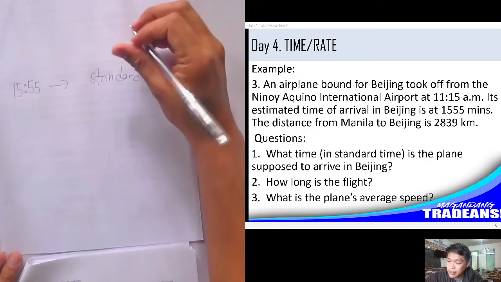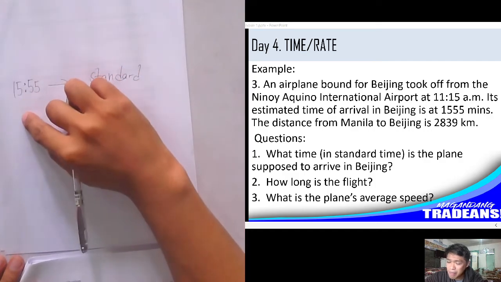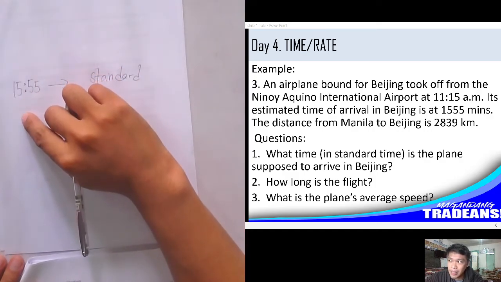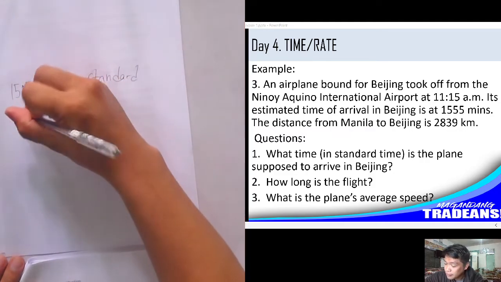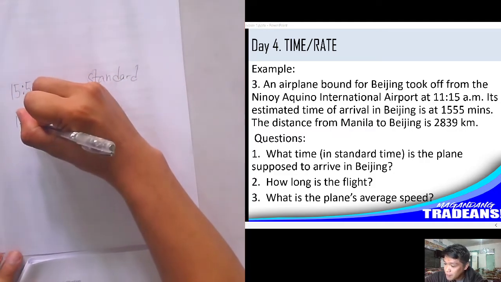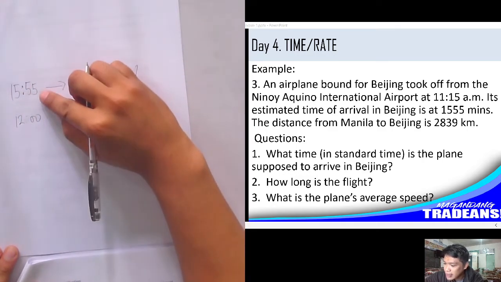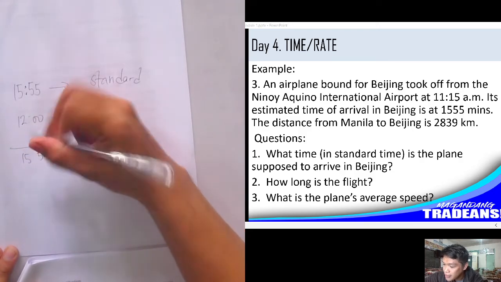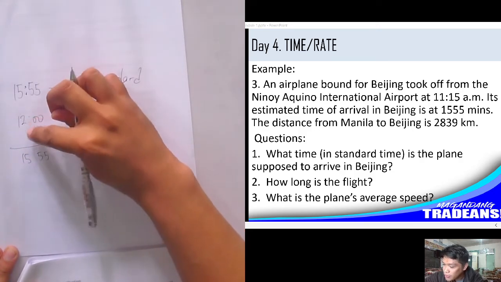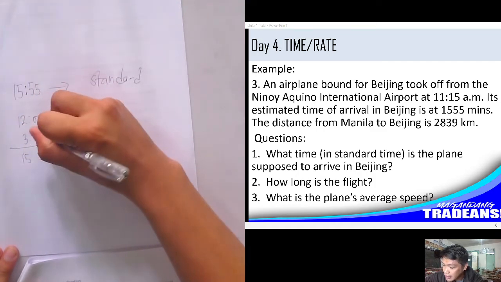Convert natin into standard time. So, 15 and 55. Okay. Since lumampas siya ng 12, ibig sabihin, hapon na ito. So, therefore, yung 12 noon, ilan po ang oras na idadagdag natin para makuha si 15 and 55? 3 hours lang po ang idadagdag natin at saka 55.